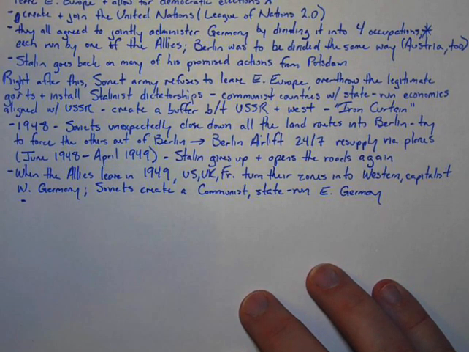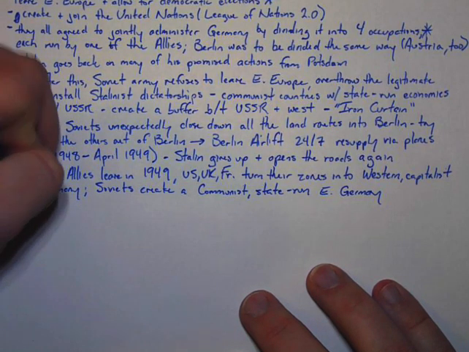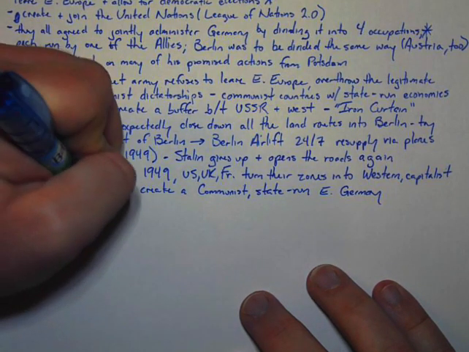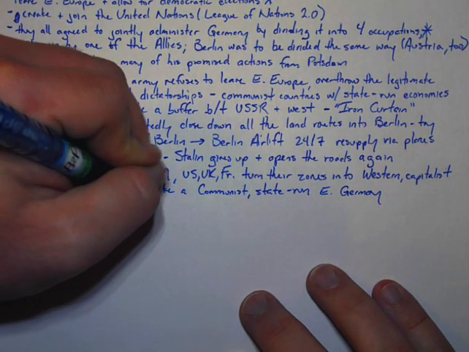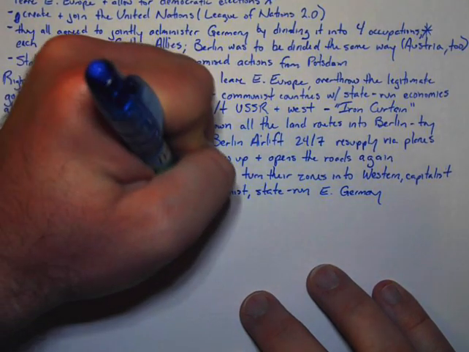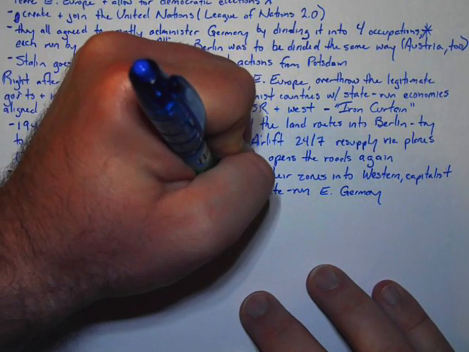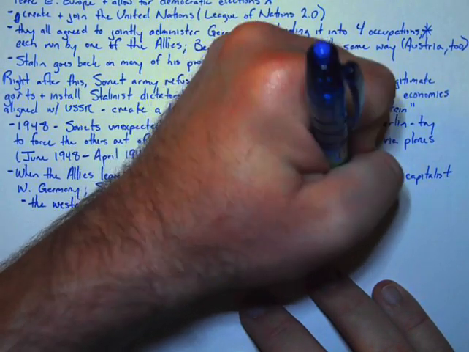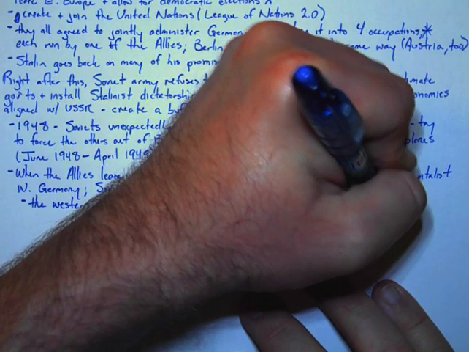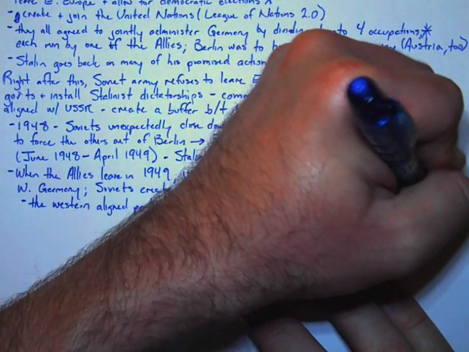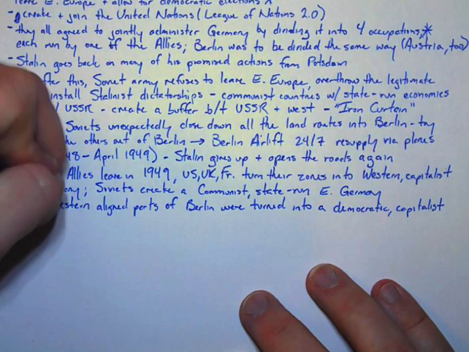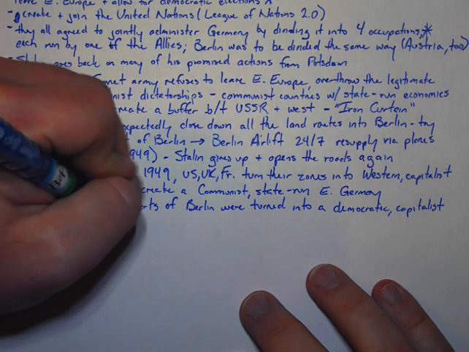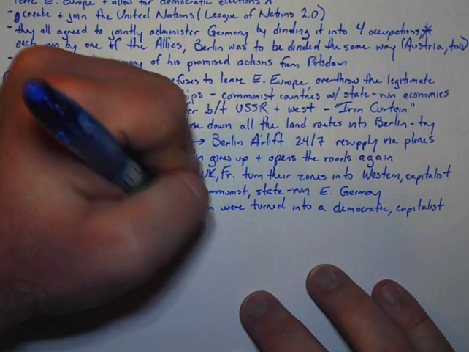But the Western-aligned parts of Berlin were turned into a democratic, capitalist city in the middle of a communist country.